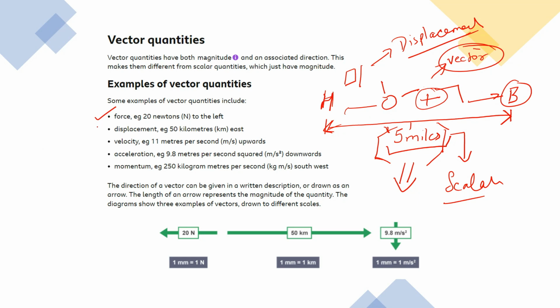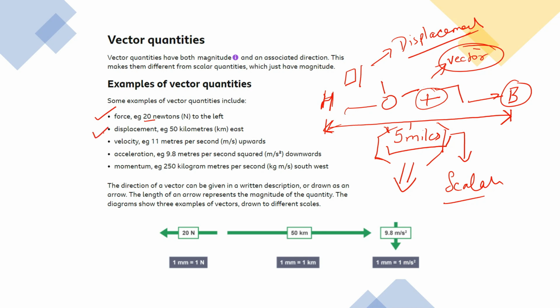If I say apply a force of 20 newtons, you need to mention where. You need to apply it on a box, which will move the box toward left, toward right, or straight. You need to pull or push the door by applying 20 newtons. When you apply that force, the door will either push forward or pull backward.